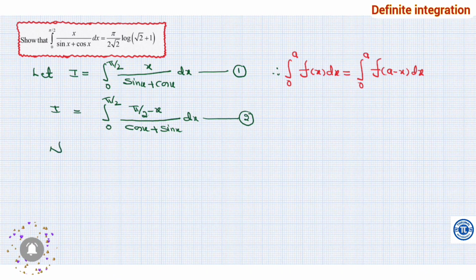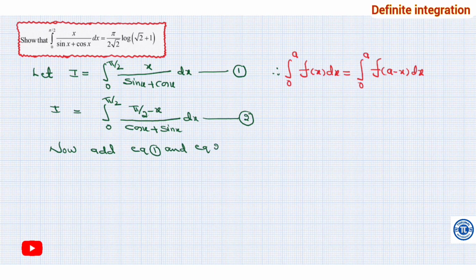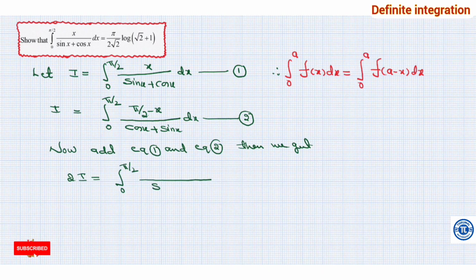Now add equation number 1 and 2. We get on the left side I plus I, which is 2I, equal to integration 0 to pi by 2. The denominator of both equations is the same, so the LCM is sin x plus cos x.